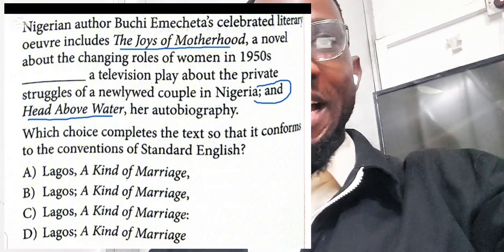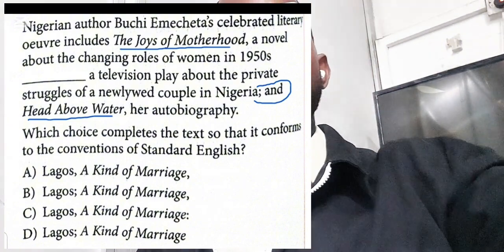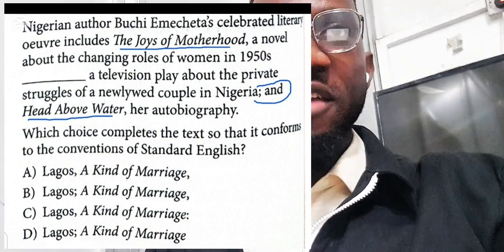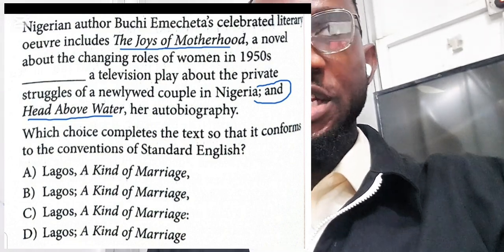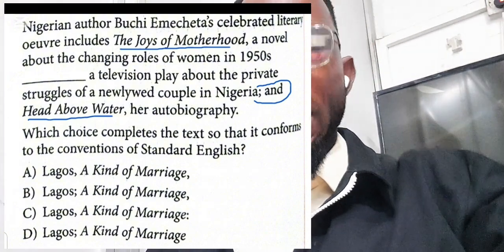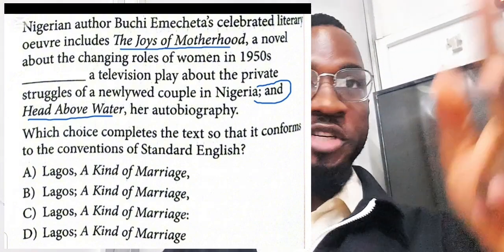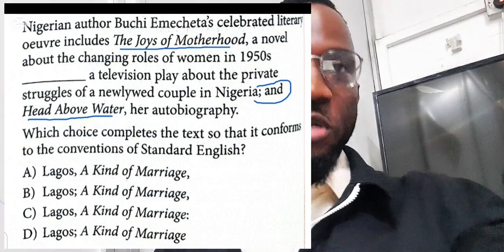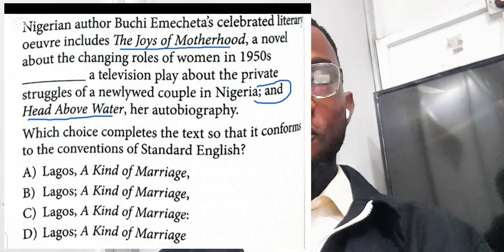It's looking like the likely answer. A Kind of Marriage, comma, a television play about the private struggles of a newlywed couple in Nigeria; semicolon, and Head Above Water, her autobiography. All of which are not fiction, by the way. Just so we have an autobiography, which is not fiction, but of course a list of some of her important works.